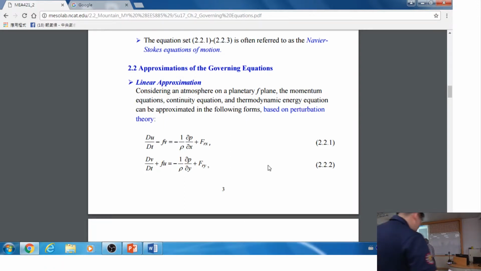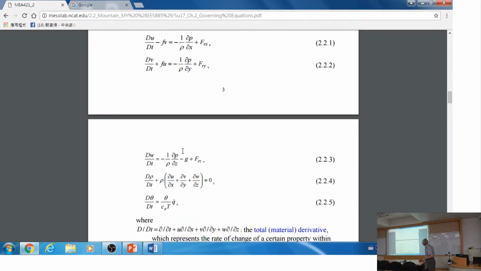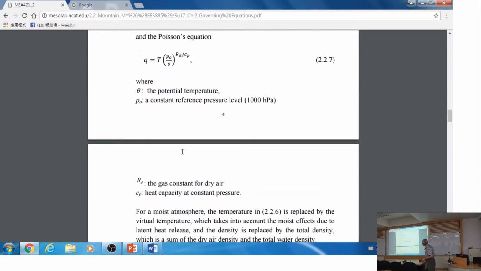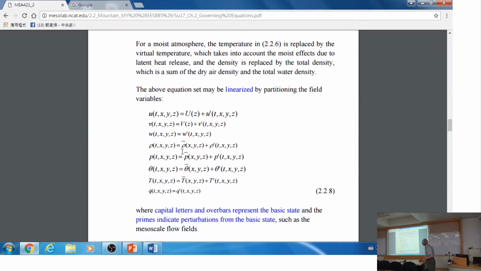So based on these equations and the perturbation, we assume U equals capital U plus U prime, and V equals capital V plus V prime, W equals W prime.